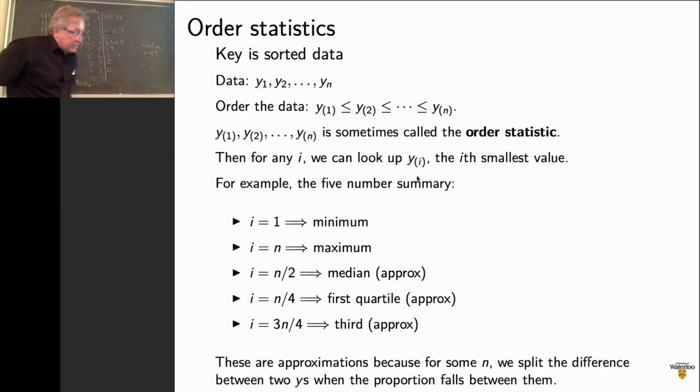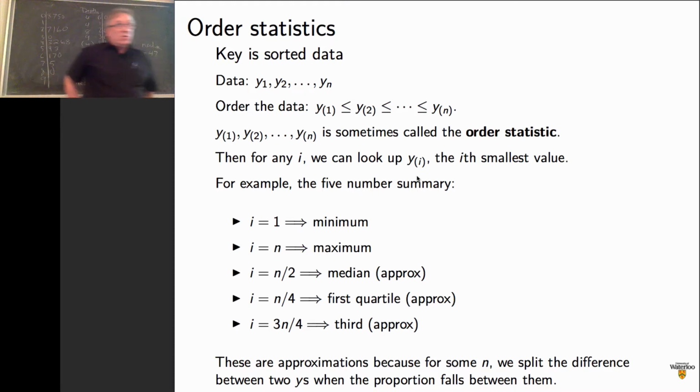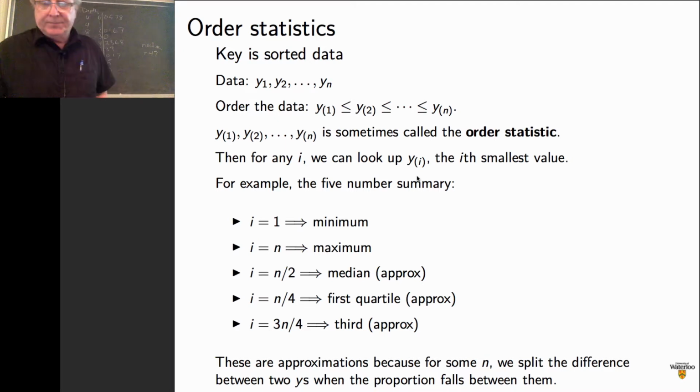The key here is just sorting the data. Technically, the sorted data are sometimes called the order statistics. And if you have the order statistics, all the data sorted, you can look up all of these things: the quartile, third quartile, etc. When things don't work out nicely, we're going to take some measure in between the two values, say, to get the third quartile.